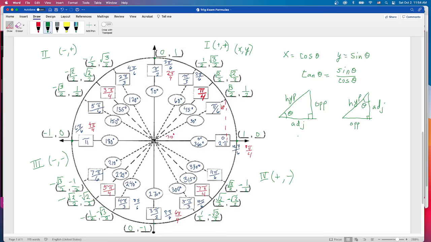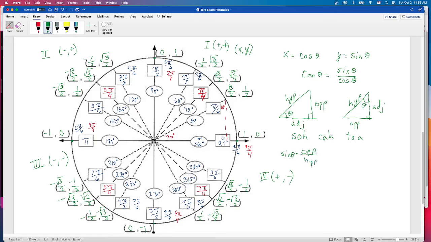And then I would have this, if you remember the SOHCAHTOA: S-O-H, C-A-H, T-O-A. If you can remember that sine is the opposite over hypotenuse. So sine of theta is the OPP over the HYP.